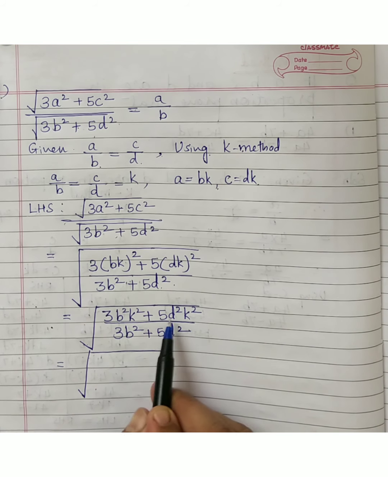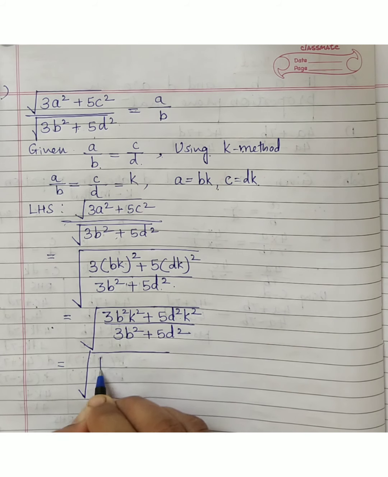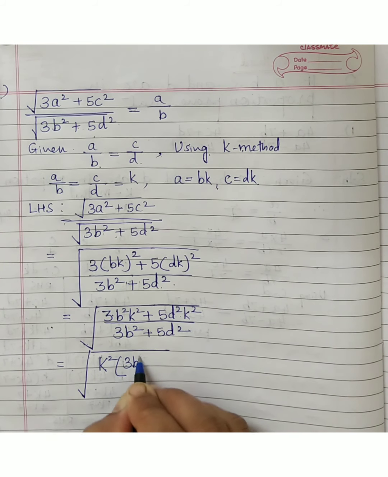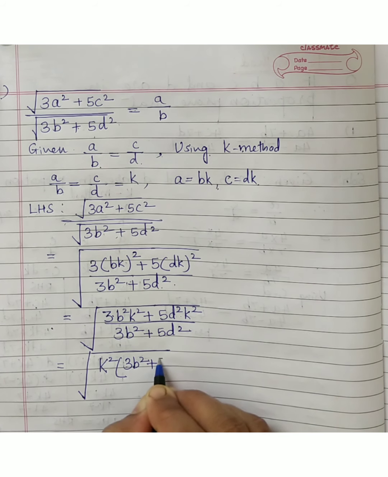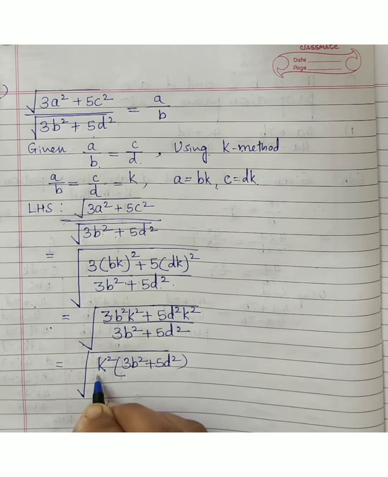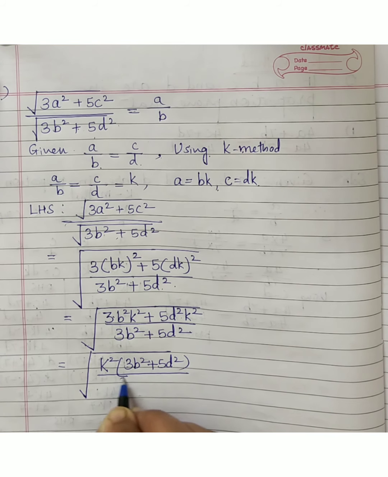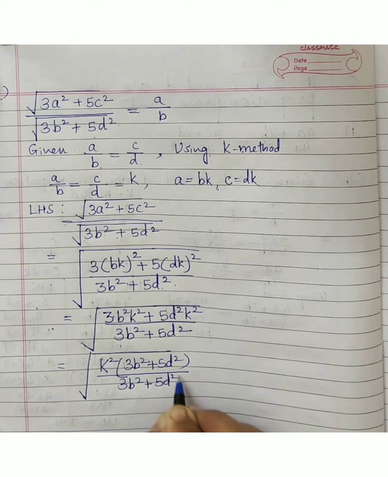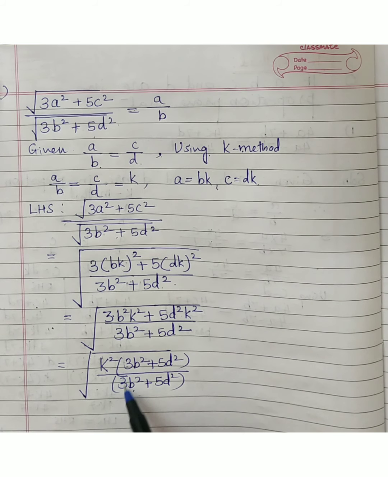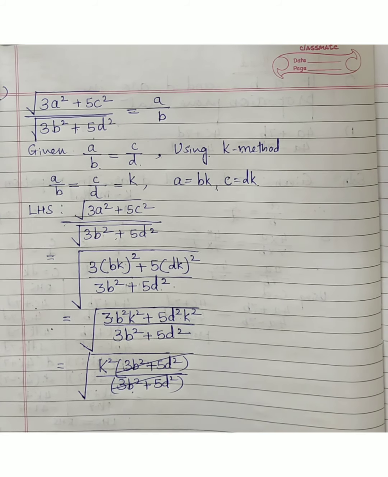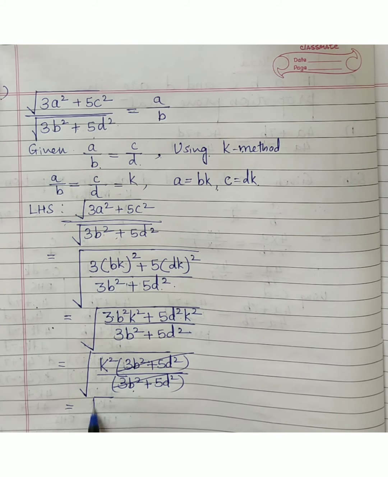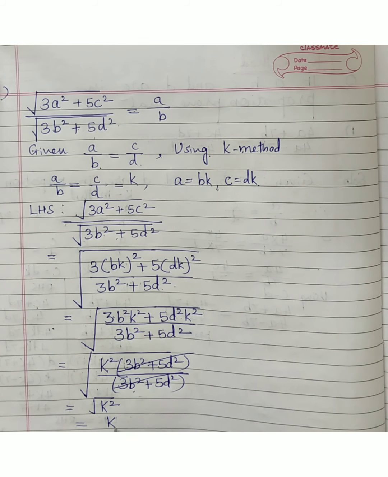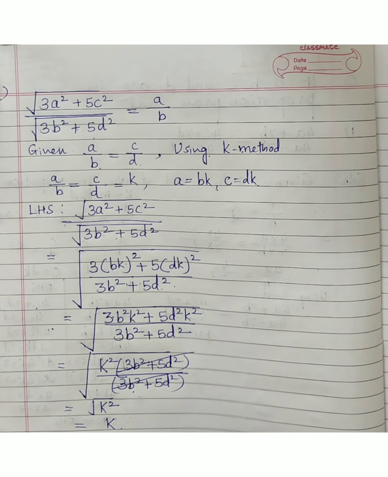In 3b square k square plus 5d square k square, what is common? K square is common, right? What is left here? 3b square plus 5d square. You must have noted this is the same as our denominator as well. Put it in bracket before you cancel, and this gets cancelled. What have you got? Under root k square. Under root k square means what you conclude with is k, right?